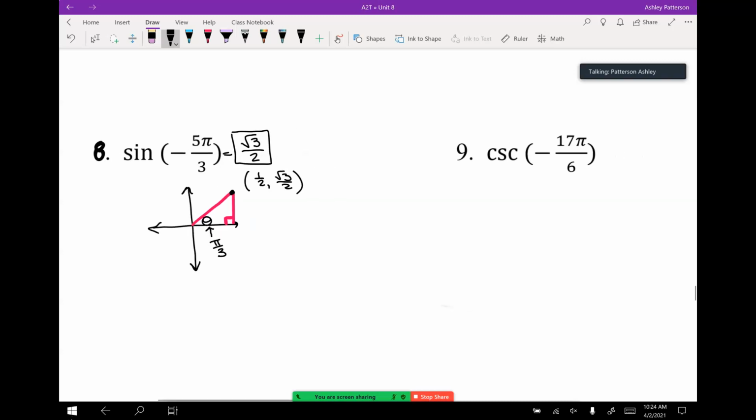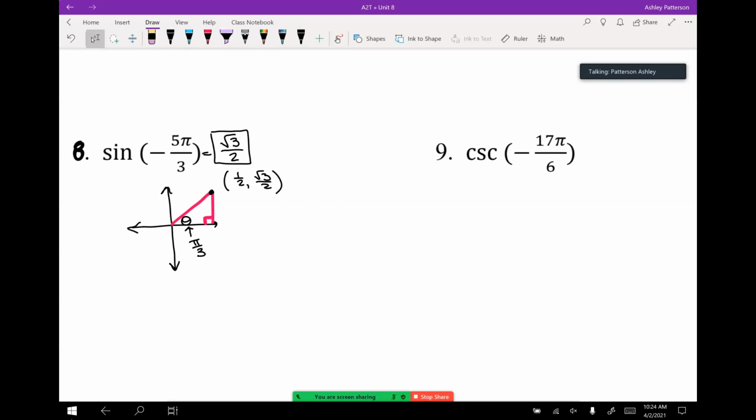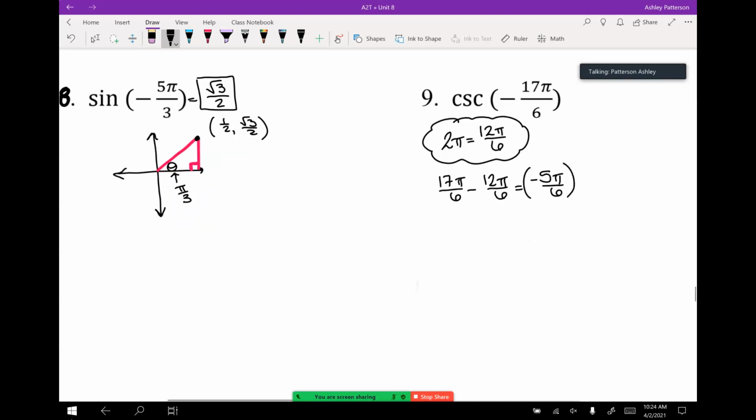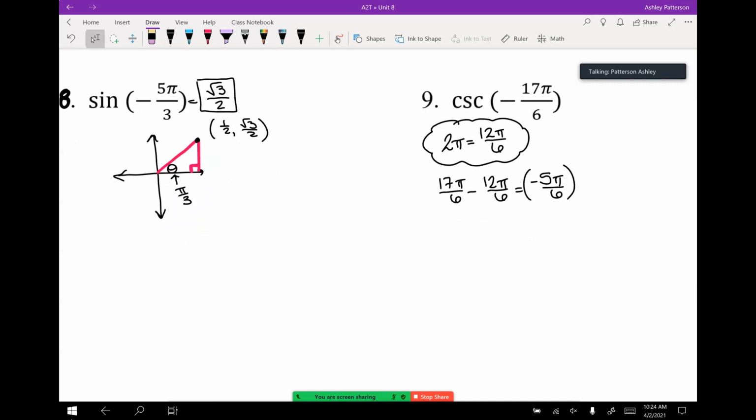Here we go. Cosecant. Cosecant is the reciprocal of sine. The denominator is 6, and I can tell already that we're beyond 1 revolution. Just to make that comparison, 12 pi over 6 is equivalent to 2 pi. So if I have, ignoring the negative for right now, 17 pi over 6, and I take away 1 full revolution, we end up with 5 pi over 6. So we're really rotating negative 5 pi over 6 radians. This isn't a full half revolution.